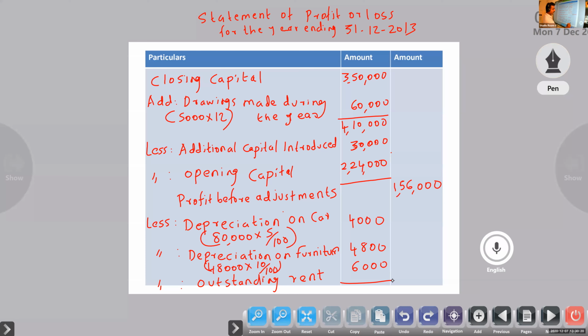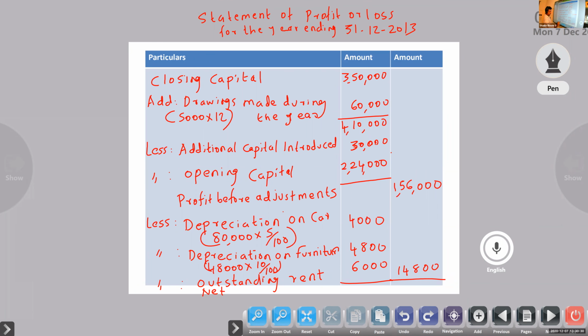So 14,800. So this is the final answer, net profit for the year. Net profit for the year.